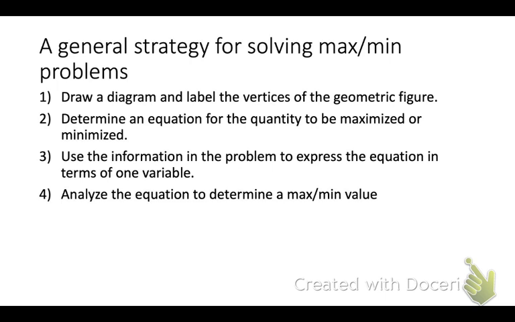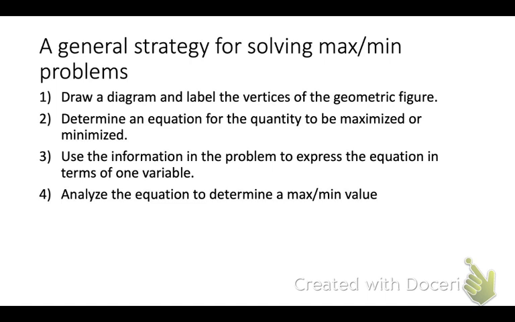Remember way back when we were doing area and plugging in things for area to get it all in terms of x, or I think there was something with profits and costs and revenues and all that good stuff. Okay, so we're going to create an equation for our quantity to be maximized or minimized.